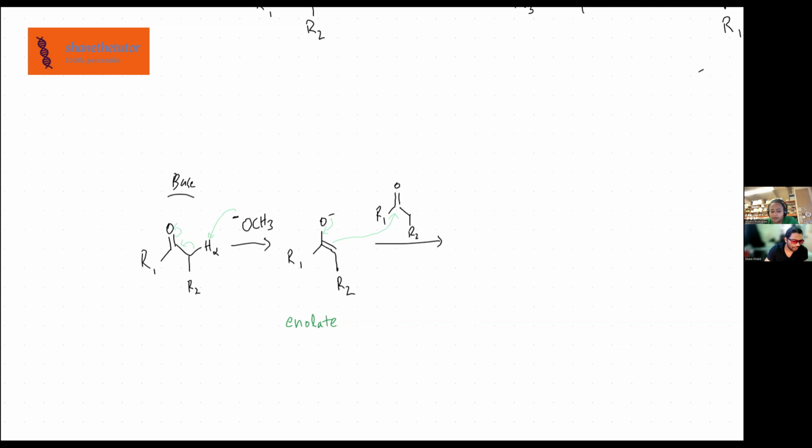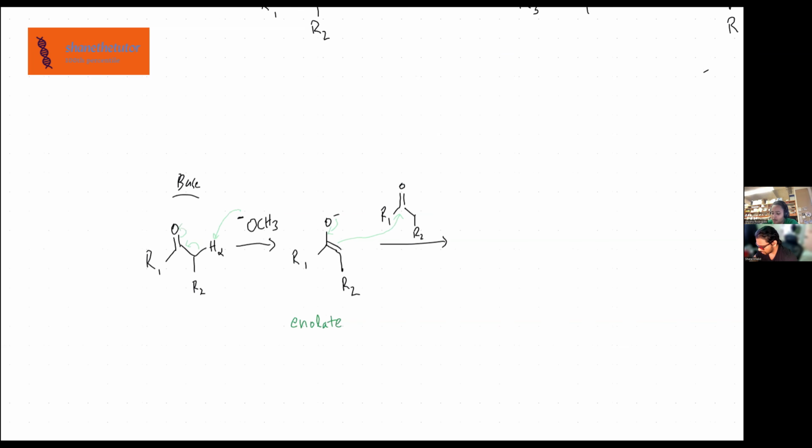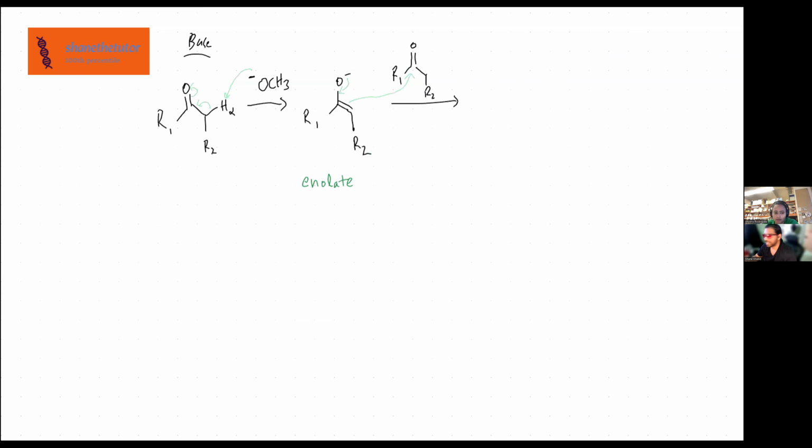So wait, sorry, tell me what you were asking again. In the enolate, you said the negative charge on the oxygen is going to reform the double bond, the electrons are going to jump in.